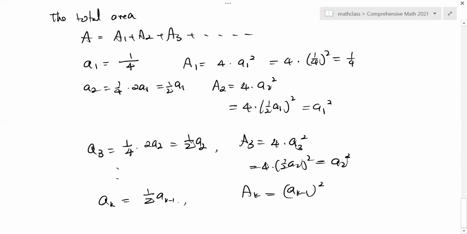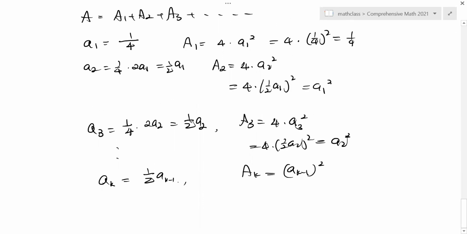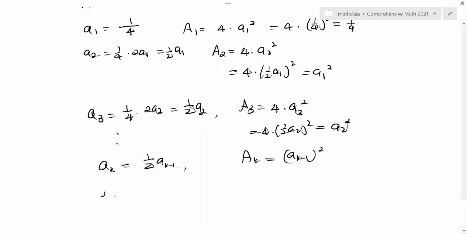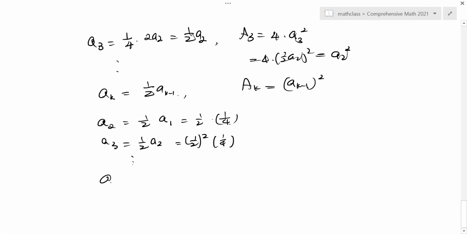So we have to find the general formula for a_k. A2 is 1/2 of A1. I'm not going to multiply this out, just keep it. Then A3 is half of A2, and so (1/2) squared, 1/4. And keep it going. So a_k is going to be (1/2) to the k minus 1 times this.